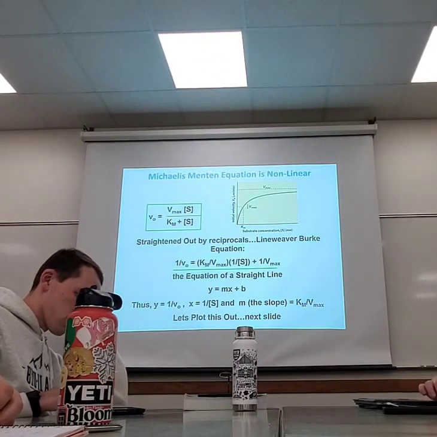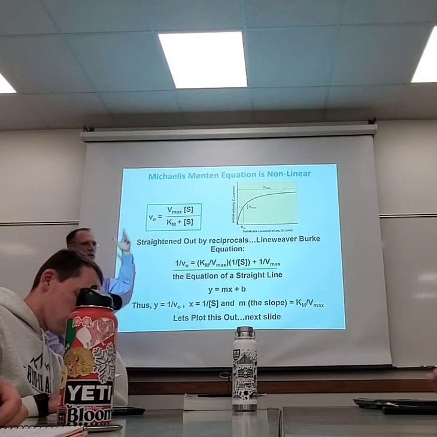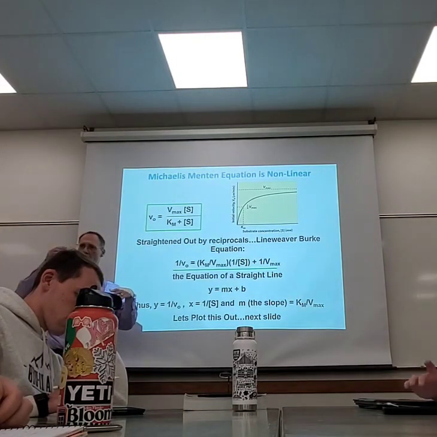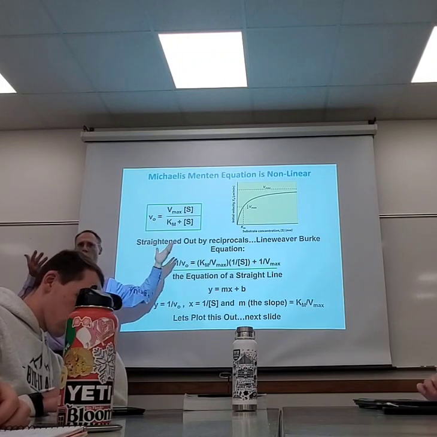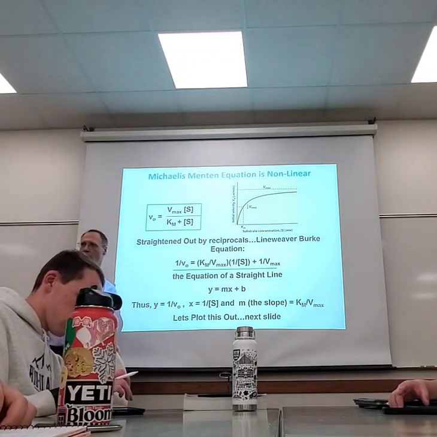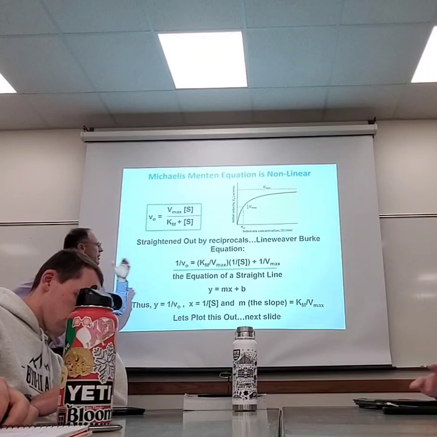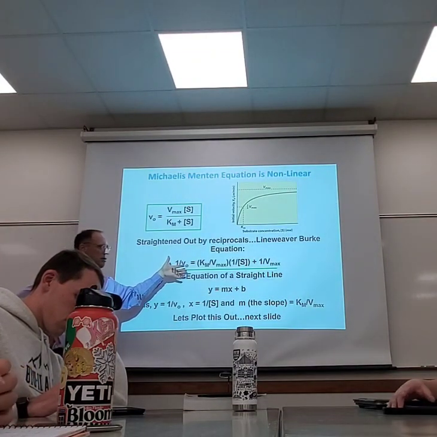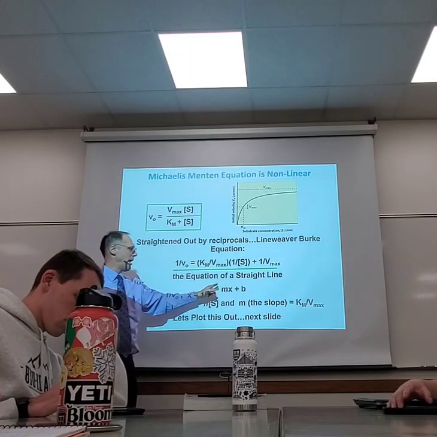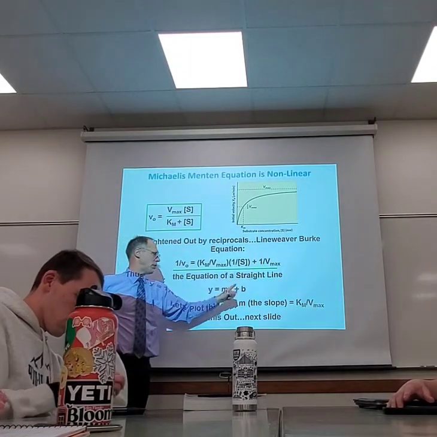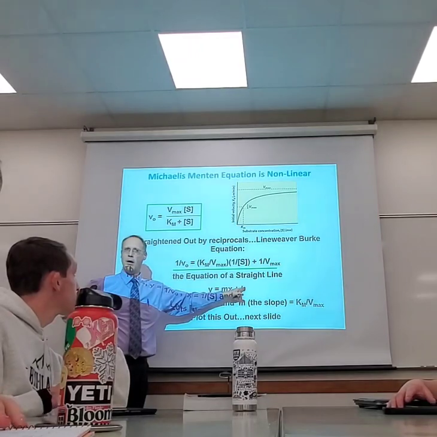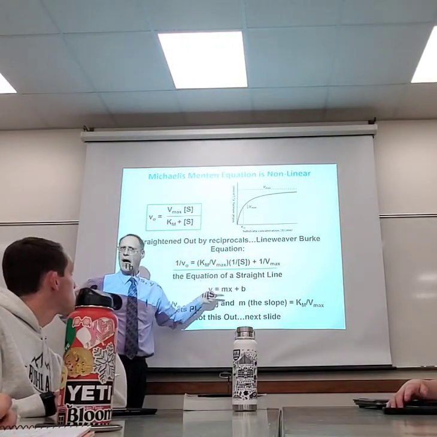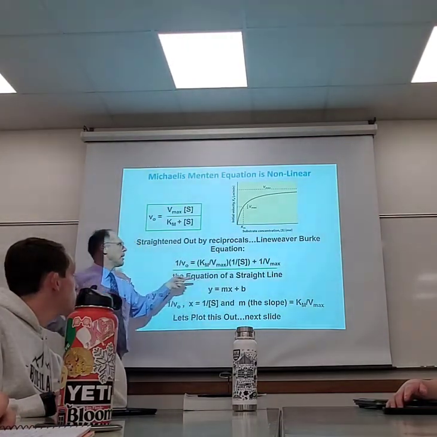If I take this equation and I do the reciprocal of it, that means mathematically I just divide everything by one divided by itself, right? I actually can remanipulate this equation to be y equals mx plus b. You've seen that one before, right?